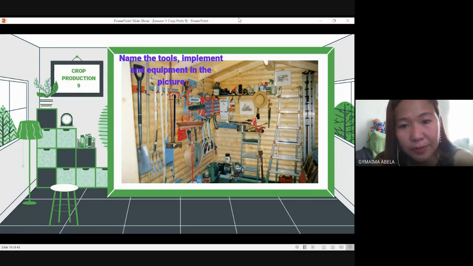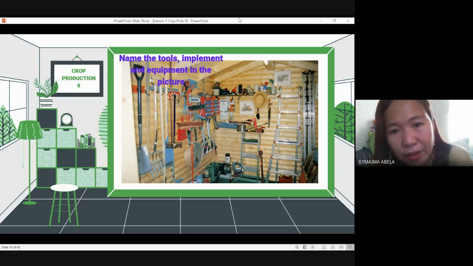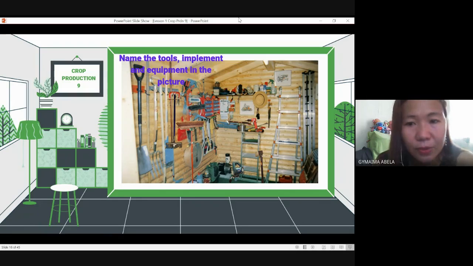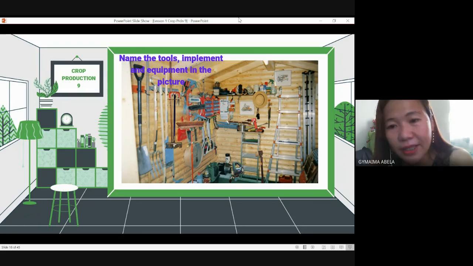Then we have the spade, and what's that? Yes, this is a spading fork. We also have the rake, correct. So it seems that you can identify different tools. Yes, there is also an axe.